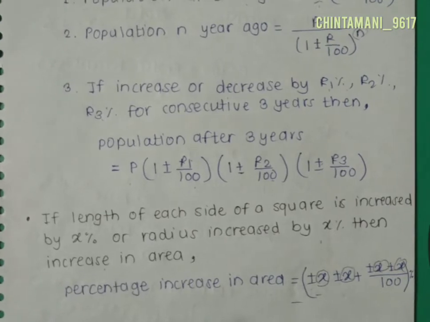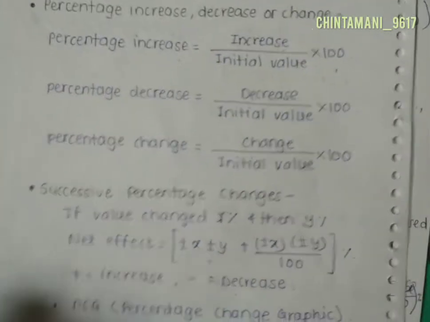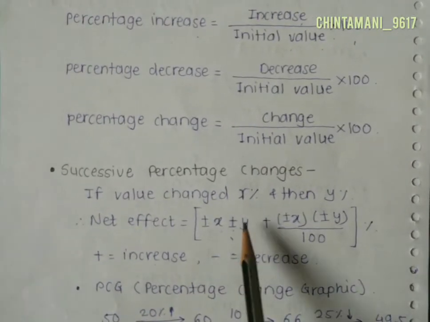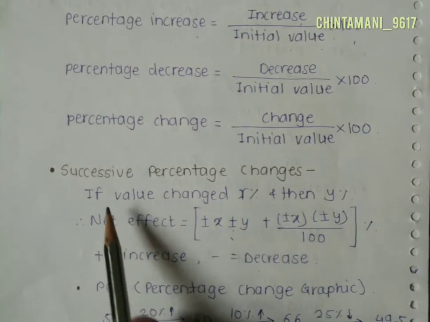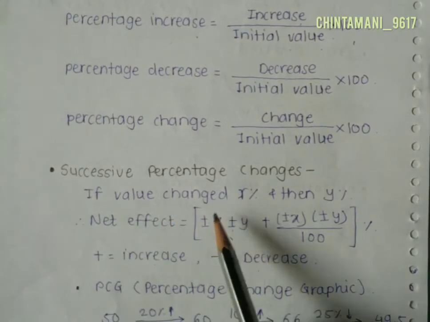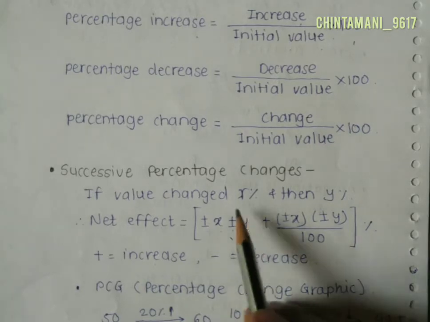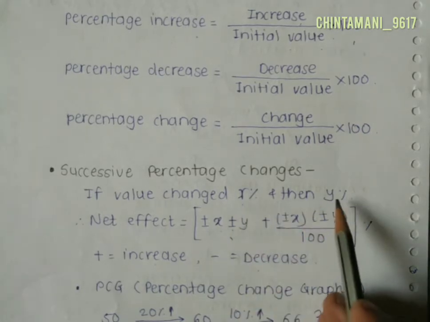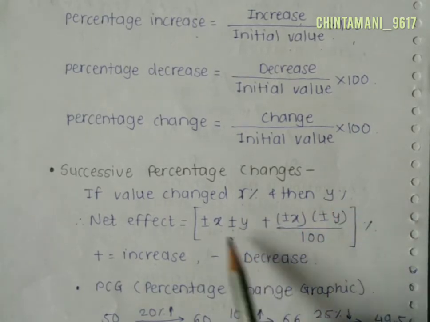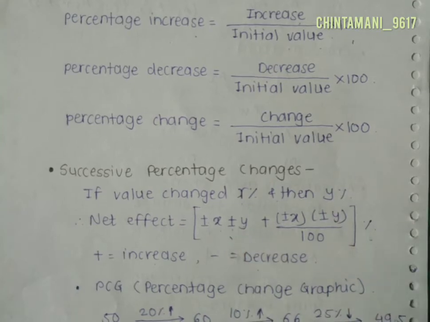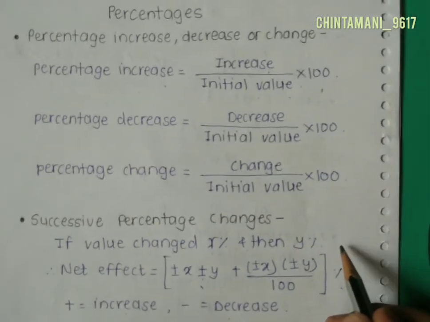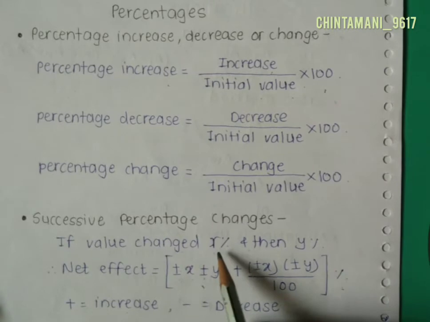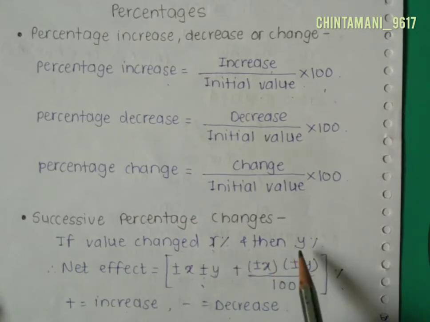Similarly, in the previous equation also, suppose there is a decrease of 10 percent and an increase of 10 percent, so without doing all these efforts, we can simply write it down. Suppose there is an increase of 10% and a decrease of 10% on a single product.